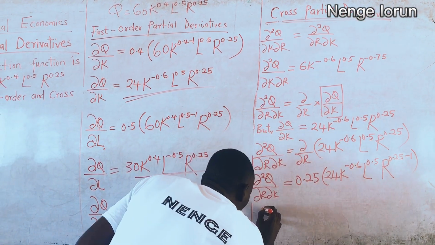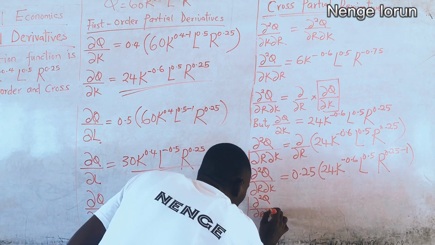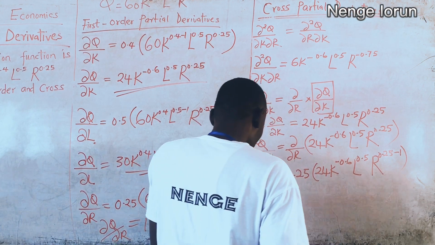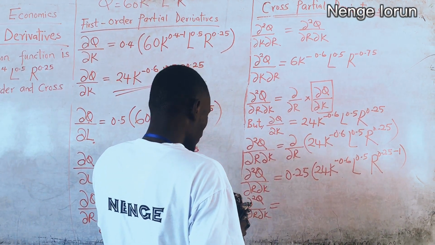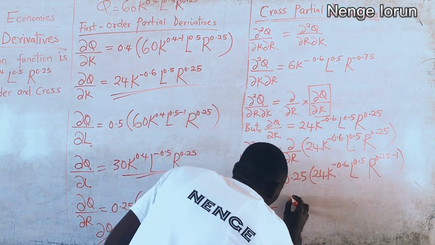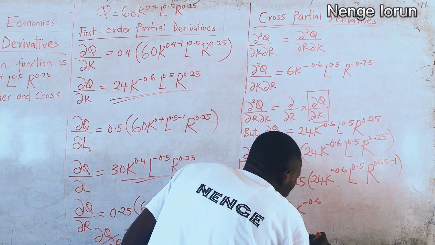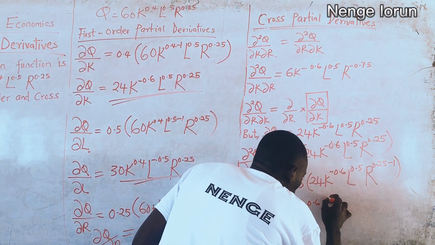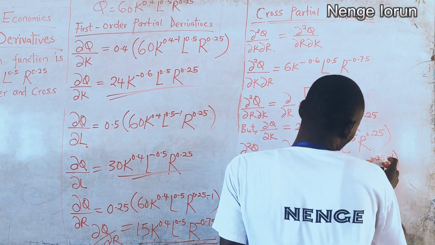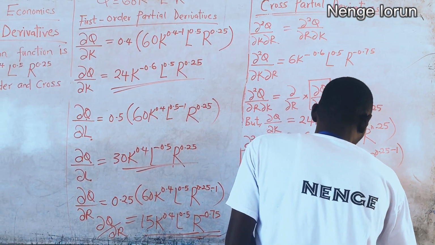So you will have the cross-partial derivative of q with respect to r with respect to k as 0.25 times 24, which gives 6k raised to the power of negative 0.6, L raised to the power of 0.5, r raised to the power of 0.25 minus 1, which is negative 0.75.